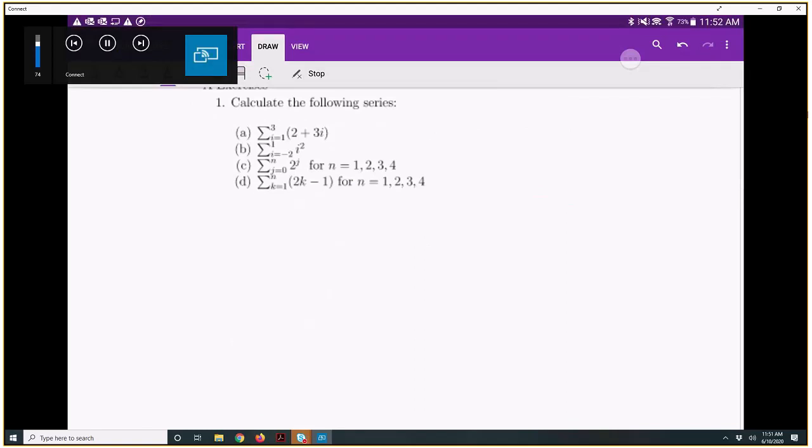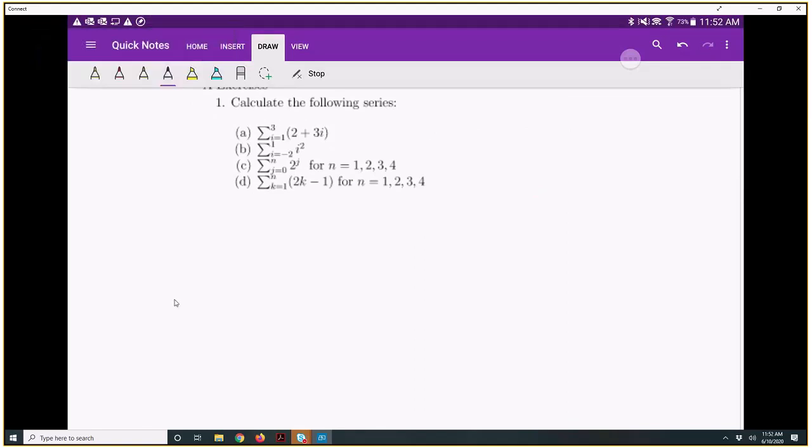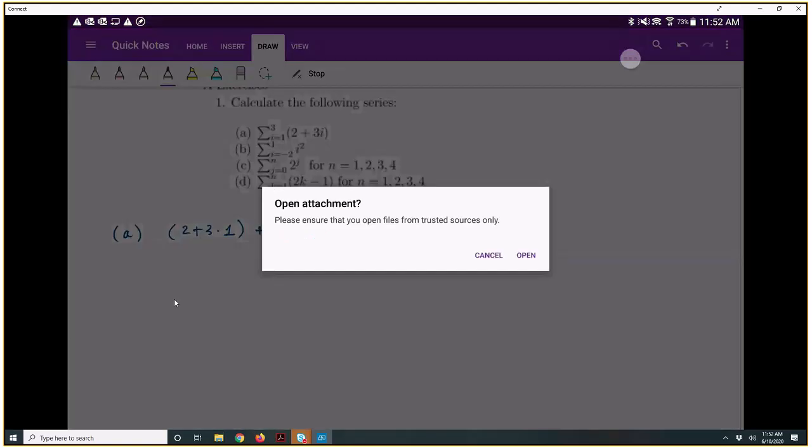The following series. A, the sum i is from 1 to 3 of 2 plus 3i. That should be equal to 2 plus 3 times 1, since my initial index is 1. And it's summation, so I'll add, the next term will be 2 plus 3 times 2.